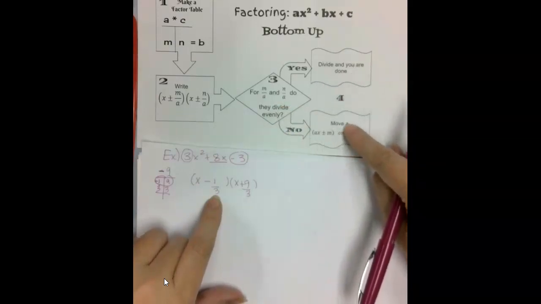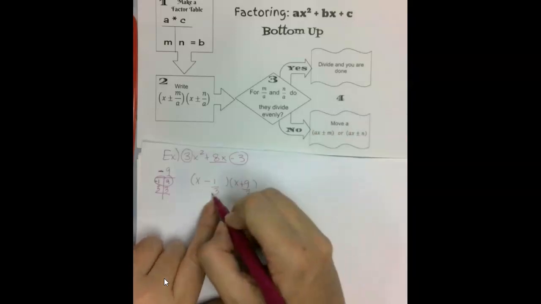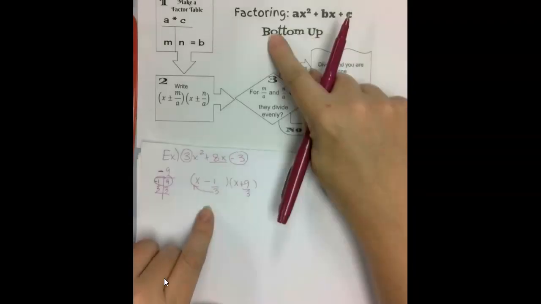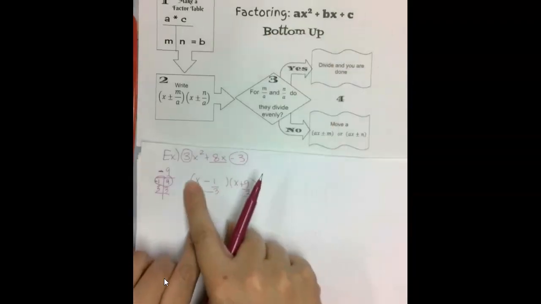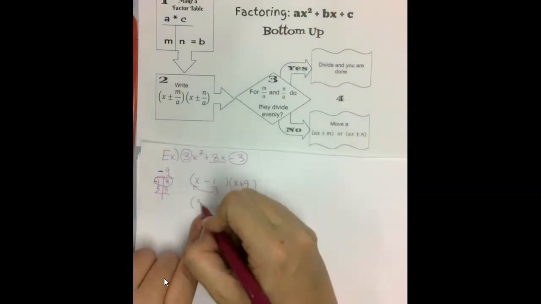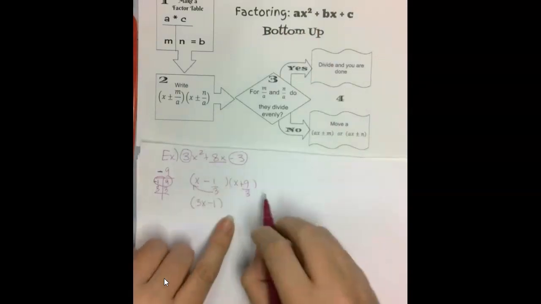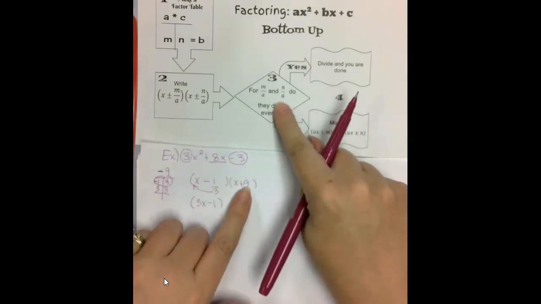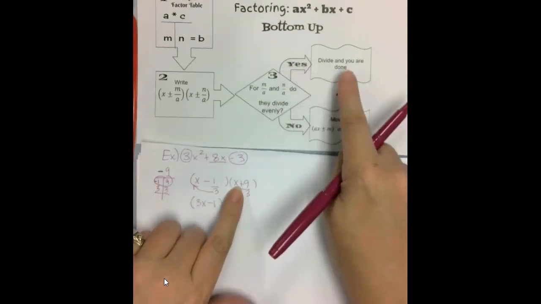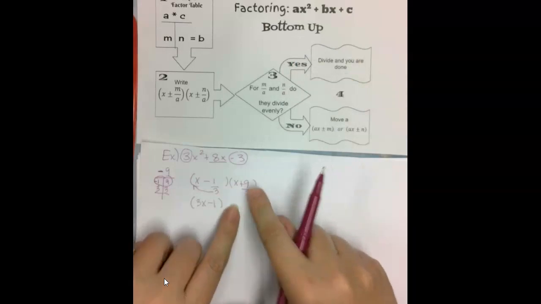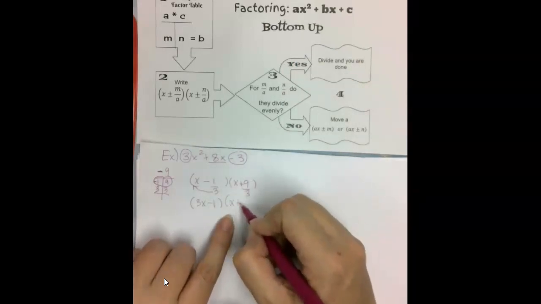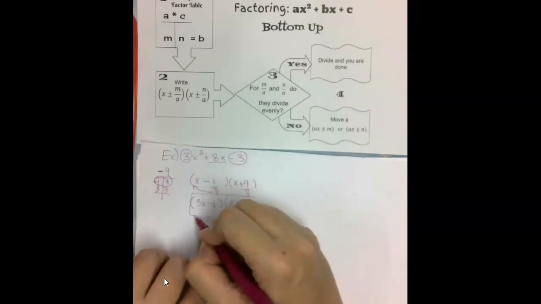No. So I move the a out front. This is why we call it bottom up. So we're going to take this bottom and we're going to move it up there. So this one is 3x minus 1. Does this one divide evenly? Yes. Then you just divide it and you're done. So 9 divided by 3 is 3 and you're done.